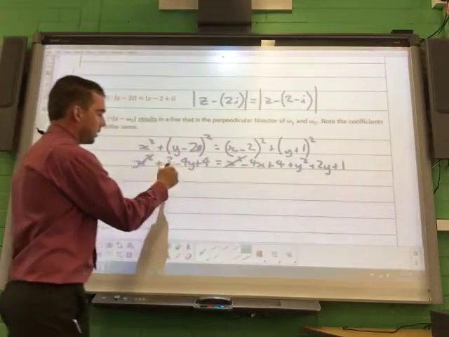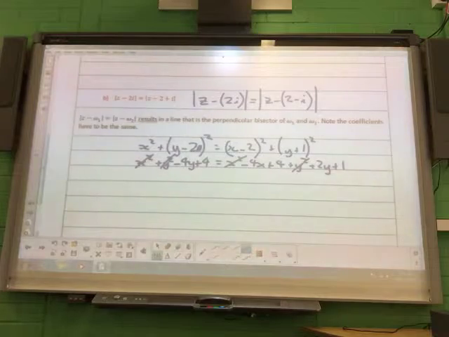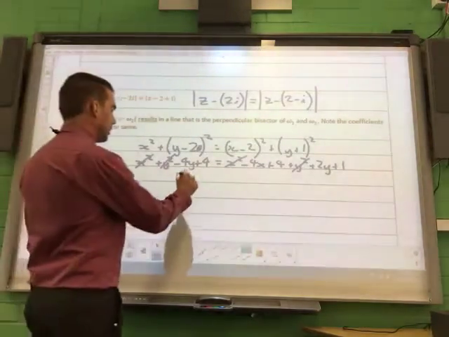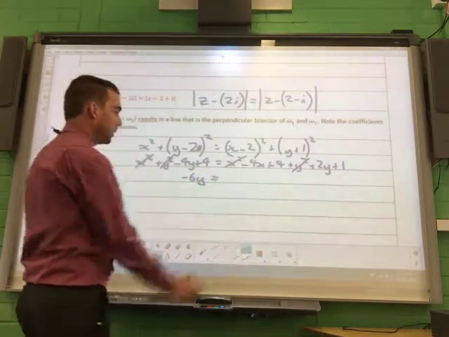Okay, and the idea is that your x squares and y squares will all cancel because the coefficients are the same. Right, so I'm going to bring everything of the y's over to the left hand side.